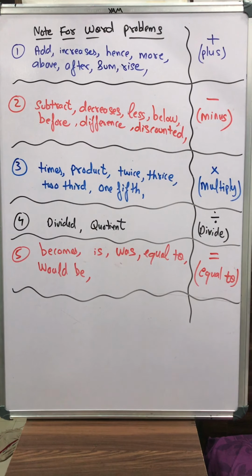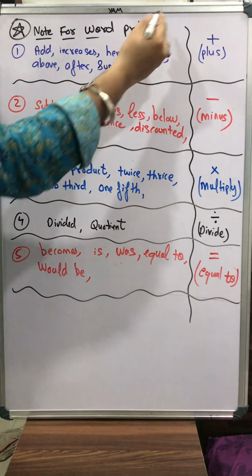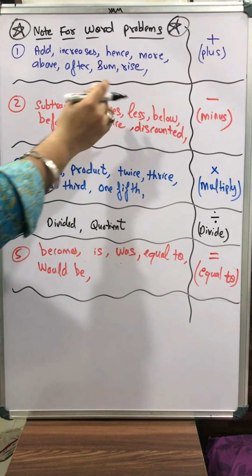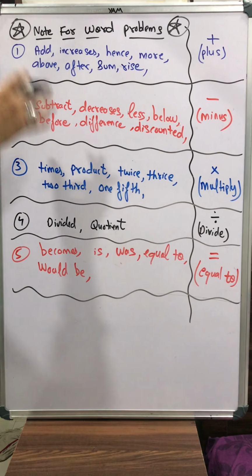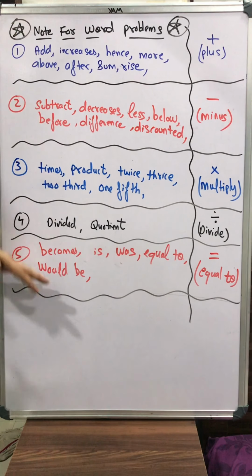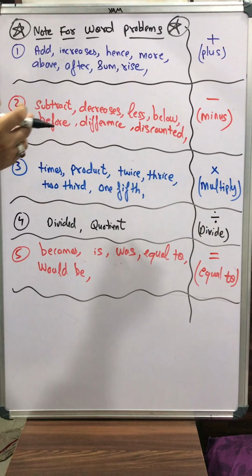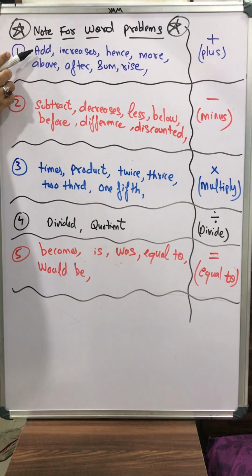Now students, on the board we have a very important note for word problems. It's very logical, no need to rote learn, but you should know. If you really understand the meaning of these words of English, then word problems are very simple, believe me. Please see here: add.